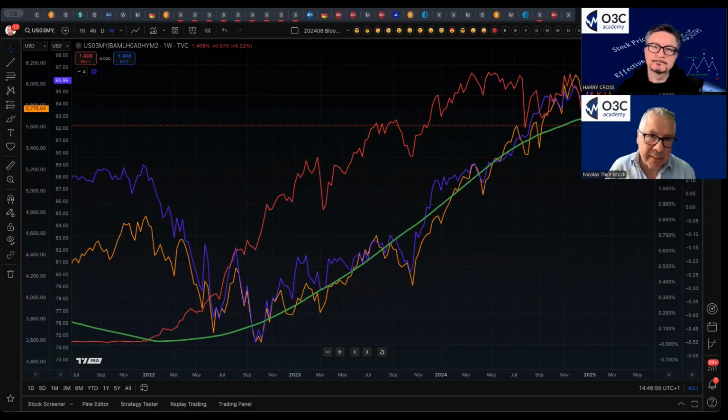But I think there's still some tailwind from liquidity, from M2, from all sorts of things. I'll talk about this with Torsten tomorrow, but I think there's a lot of bad news already out. I think the Trump guys are going to be well prepared now to put out some good news.